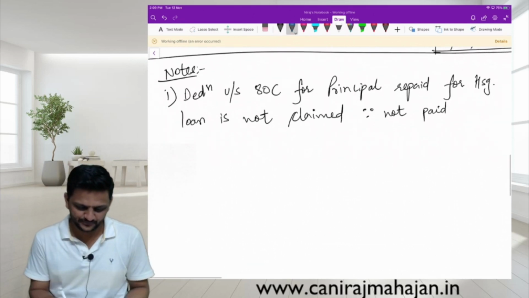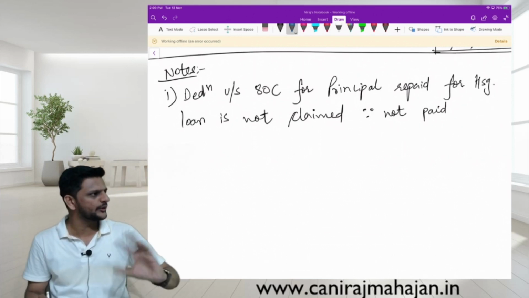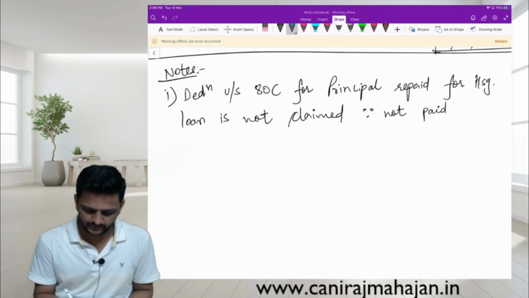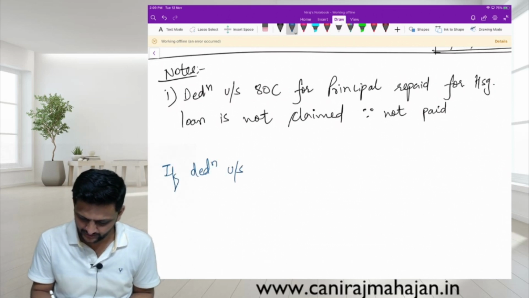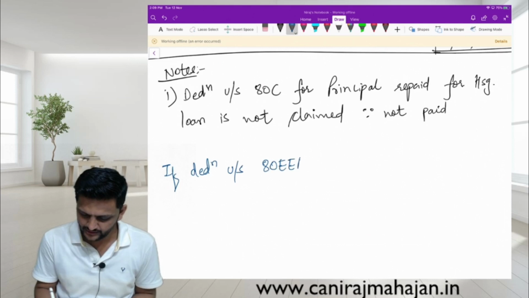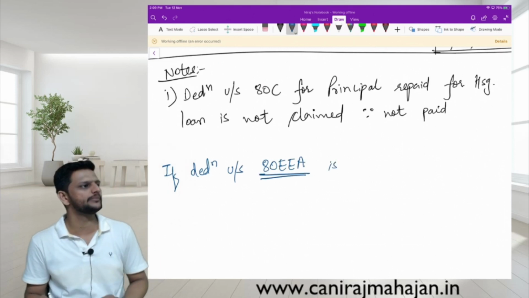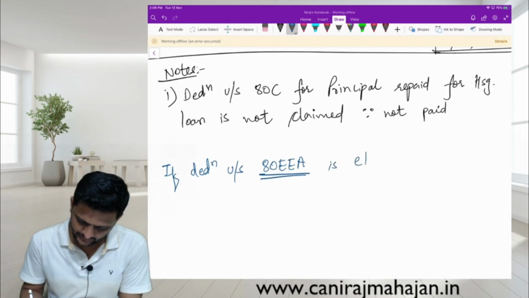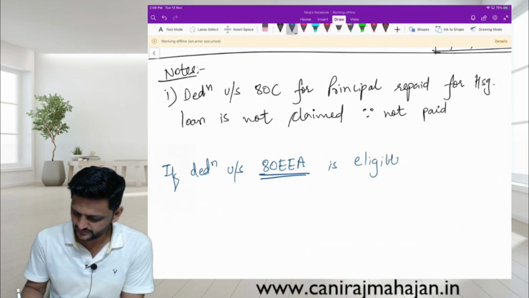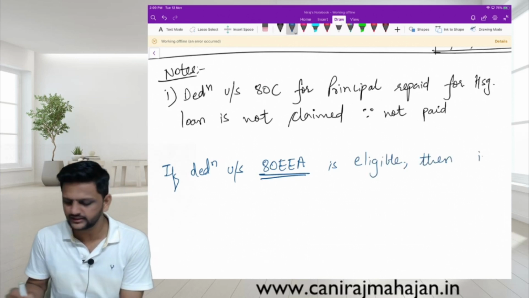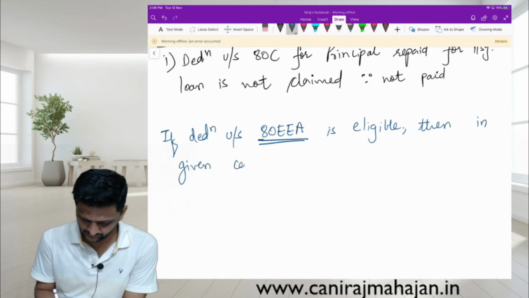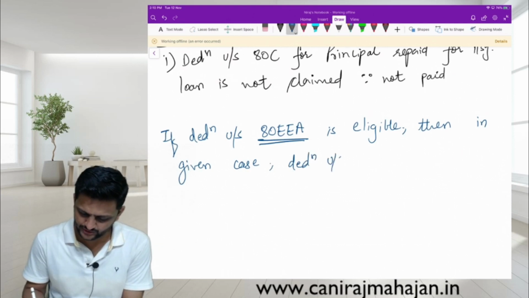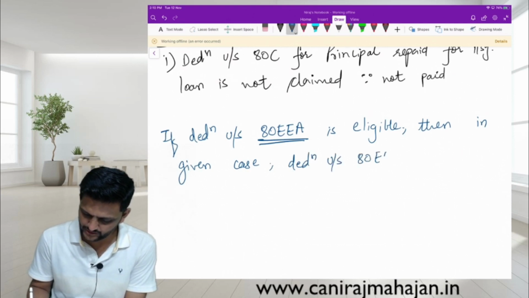We are just obviously doing some modification in the question. If deduction under section 80EEA is eligible, isn't it? Then in the given case, deduction under section 80EEA is how much?